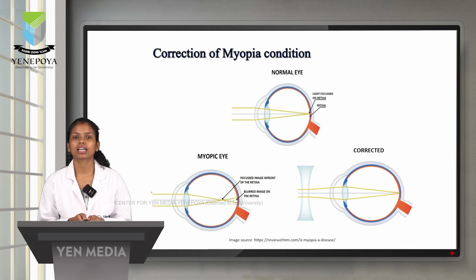This condition can be corrected by using a concave lens, which diverges the light rays at the lens of the eye and enables the light rays to be focused exactly on the retina, thus enabling a clear image of the object.